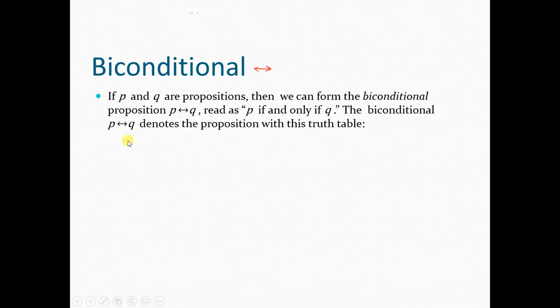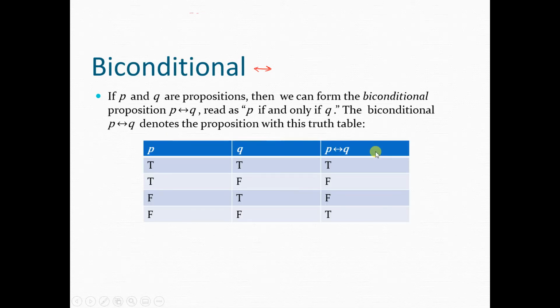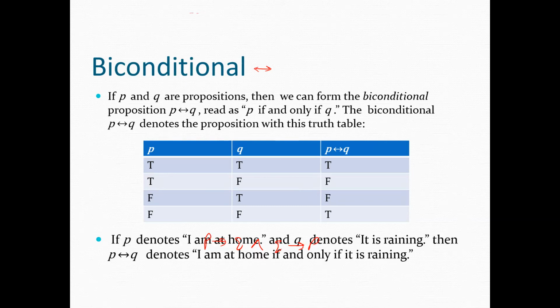The biconditional P if and only if Q denotes the proposition with this truth table. You can see that if both are true, this is true. If both are false, this is also true. This is also equivalent to P implies Q and Q implies P. So you should verify it yourself by making a truth table.